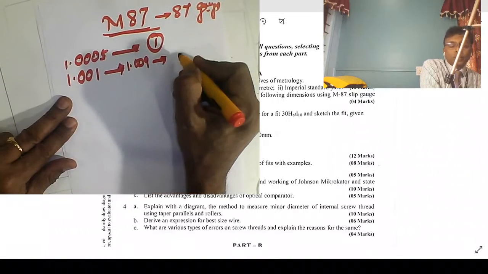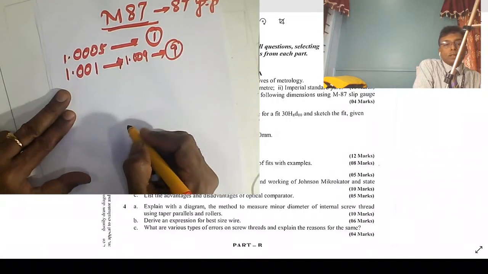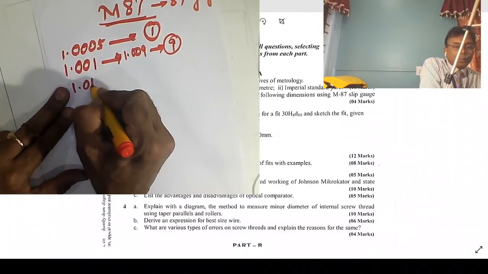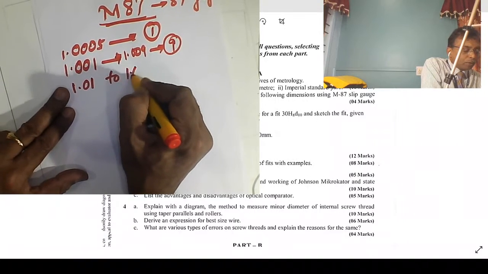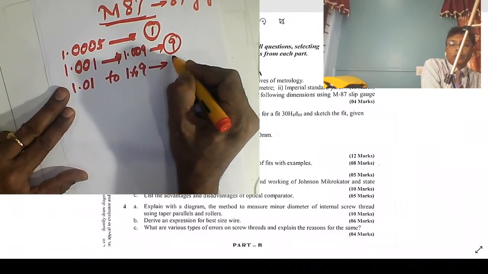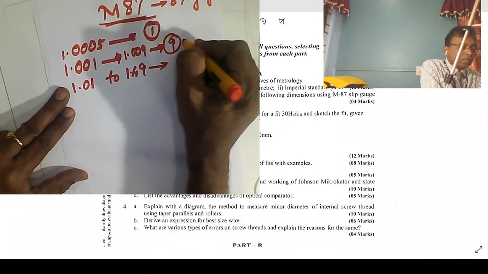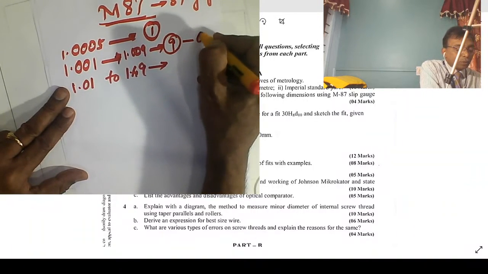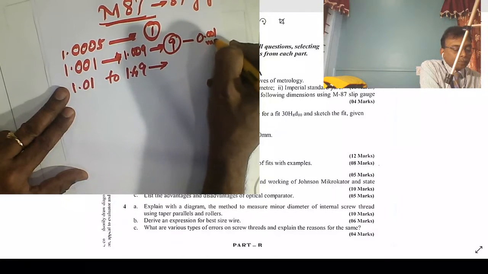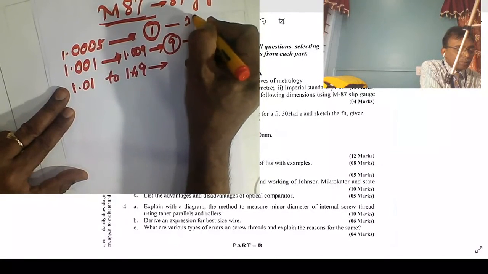These are 9 in number. Next, 1.01 to 1.49. In this, the range is in steps of 0.001 mm. This is anyway one piece.